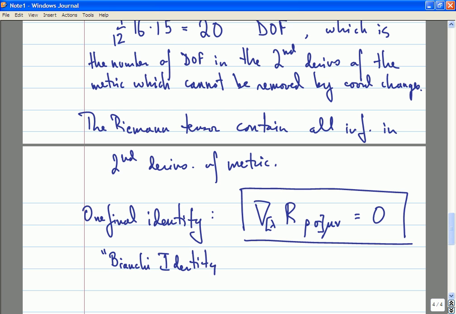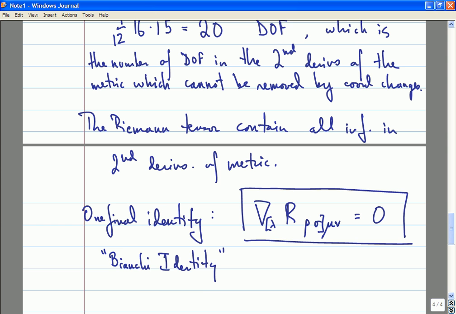I won't prove this for you because you will prove it for yourselves on the problem set due Tuesday, or maybe the one due the following week. I don't actually remember. But it's proven using exactly the same logic as the identities that I gave you above are proven. You just work everything out in Riemann normal coordinates at a given point, and you start mucking around with the indices.